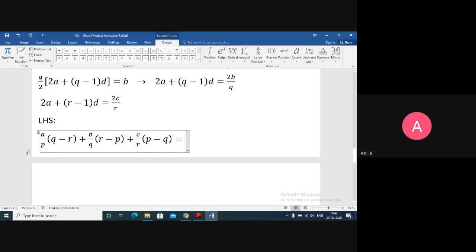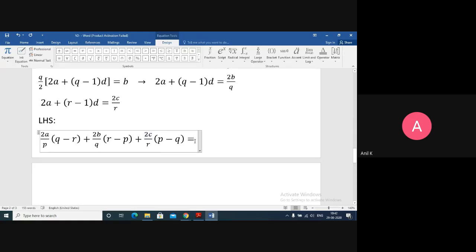So what I do is multiply with 2. Each and every term multiply with 2. So I'll get here 2A, 2B, 2C. Okay. So for LHS, I am multiplying with 2.